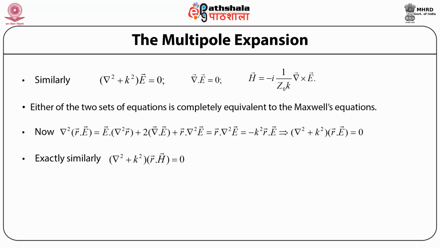Exactly similarly, we can prove del square plus k square into r vector dot H vector is equal to 0. So this implies that r vector dot E vector and r vector dot H vector satisfy the scalar Helmholtz equation.